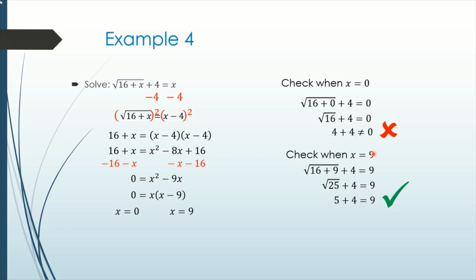Now we plugged in 9. 0 didn't work, but 9 did. So 9 would be a solution. This 0 right here is what's called an extraneous solution, because you get it here, but it doesn't work in the original.